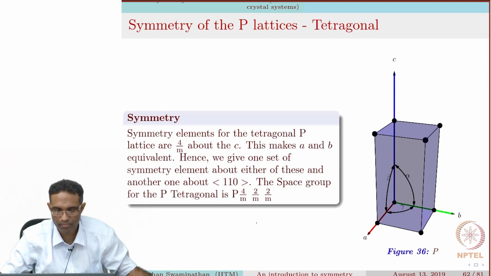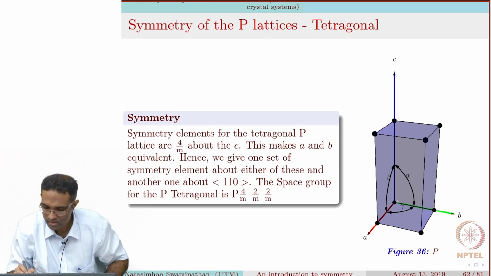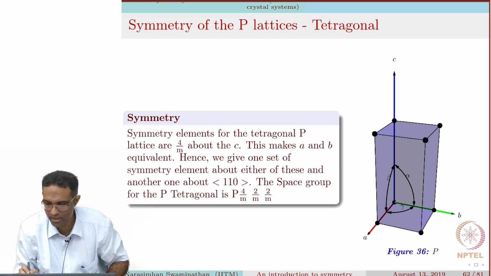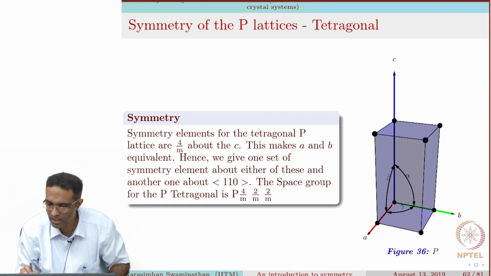So the base is the square, right? So basically this gamma is 90 degrees here, right? That makes A and B equal.